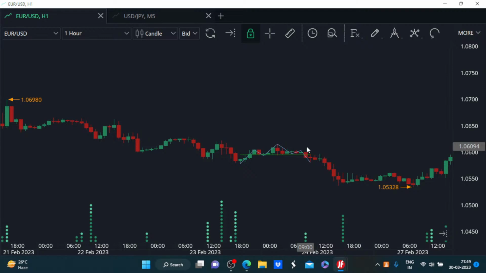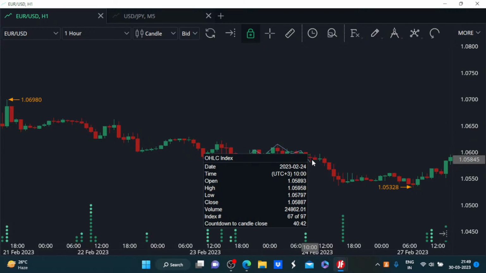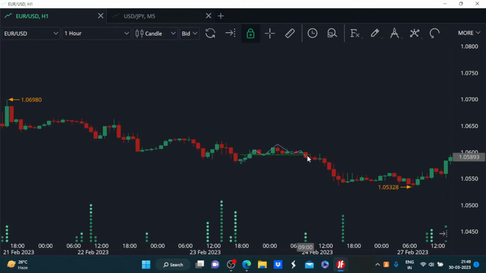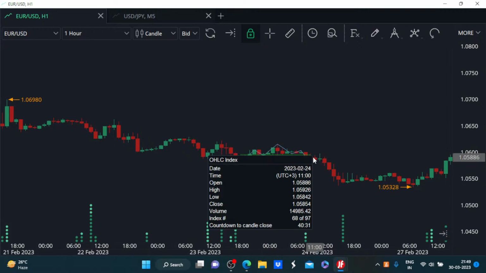The risk reward ratio would be quite favorable, and this is an indicator which gives you the idea of a new trend forming, a new trend reversal happening on the chart.